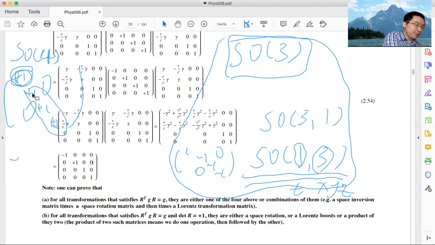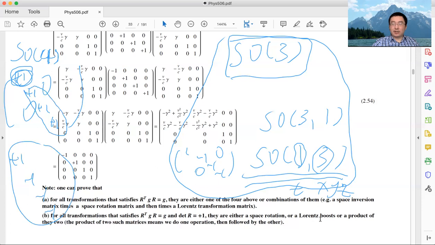So my metric tensor is +1, -1, -1, -1. If I want to make sure that this metric tensor stays invariant under rotation, then I need to use the so-called SO(1,3). And SO(1,3) is basically Lorentz boost, 3D spatial rotation, and their combination. Okay, so that's the second part.